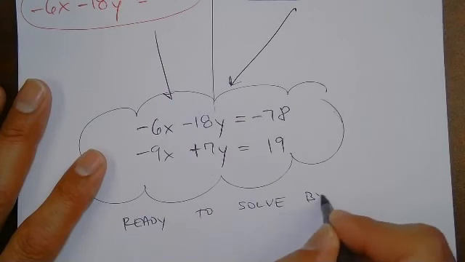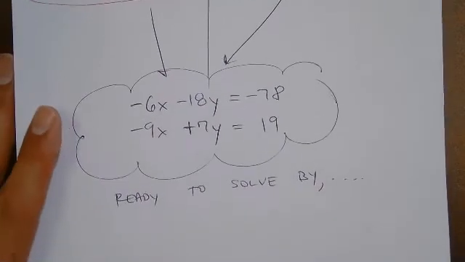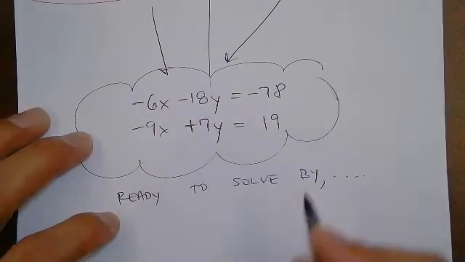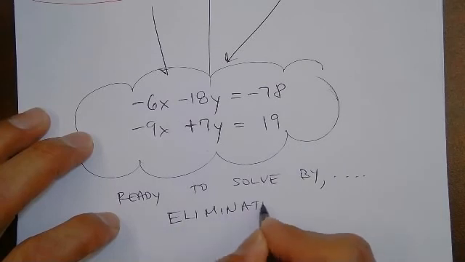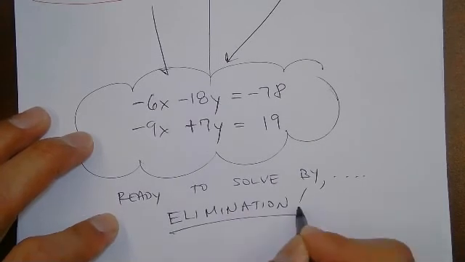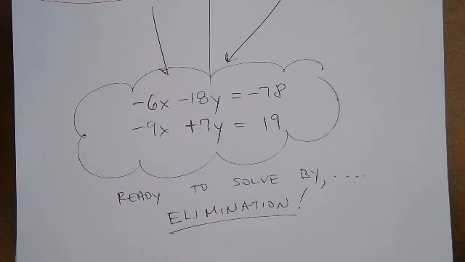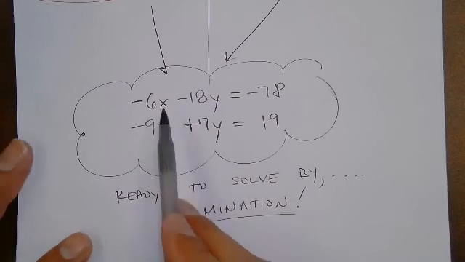To solve by, what method is it? What is that method again that we're solving this by? Elimination, right? Elimination. Okay. Now, let me ask you a question, because some of you guys did this on the test.